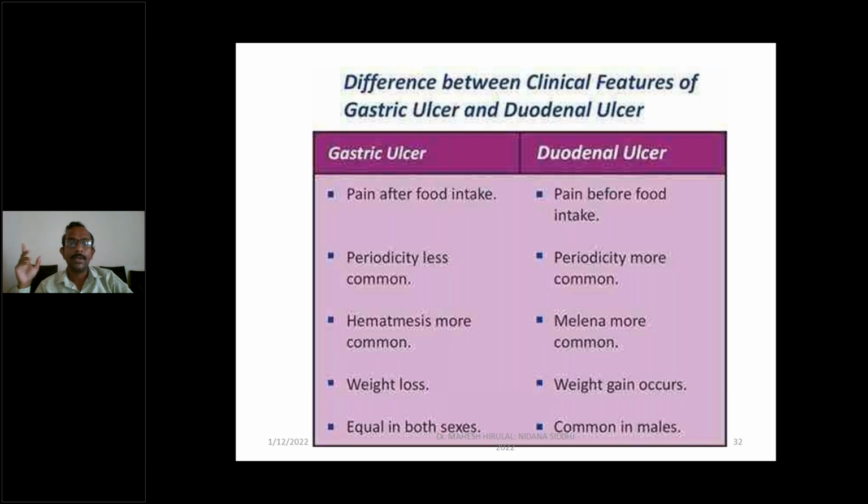But nowadays, due to proton pump inhibitors like pantoprazole, omeprazole, and Rantac, the complications of the gastric ulcer leading to perforation, peritonitis are reduced. But still, we will get these gastric ulcer and duodenal ulcer as main symptoms.